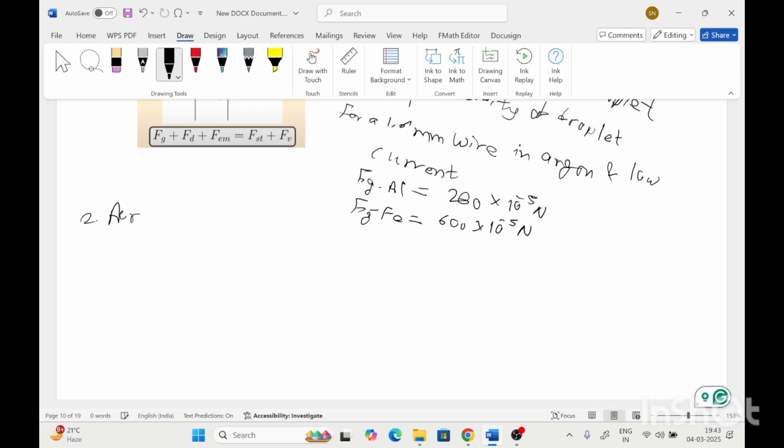The second is the aerodynamic force. It is also known as the plasma drag force.